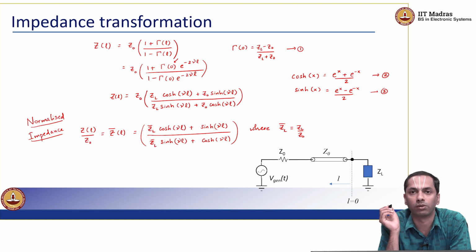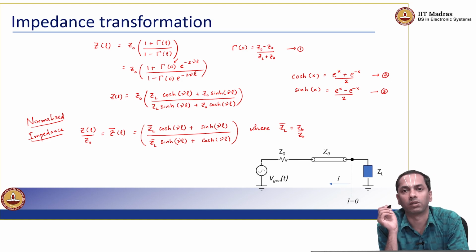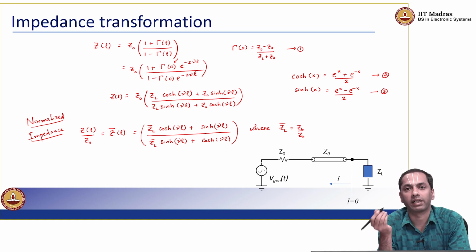It's just the ratio of whatever impedance you're looking at to the characteristic impedance of the transmission line.